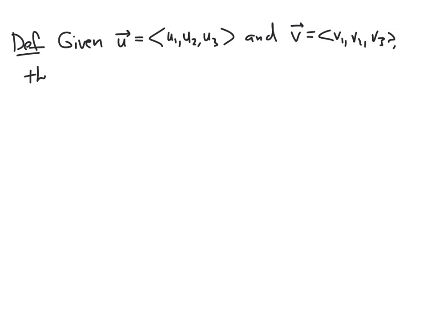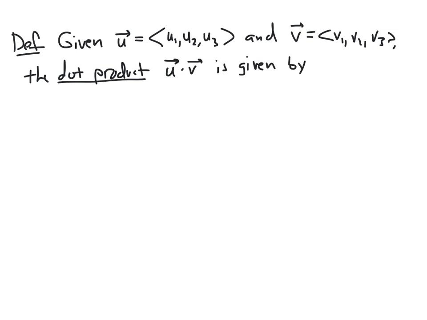So the dot product, which will be denoted u dot v, is given by the following formula. u dot v is the number we obtain by multiplying u1 and v1 and adding it to the product u2 v2 and adding to that the product u3 v3.